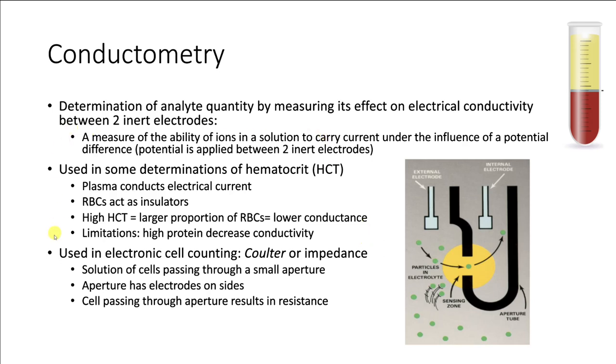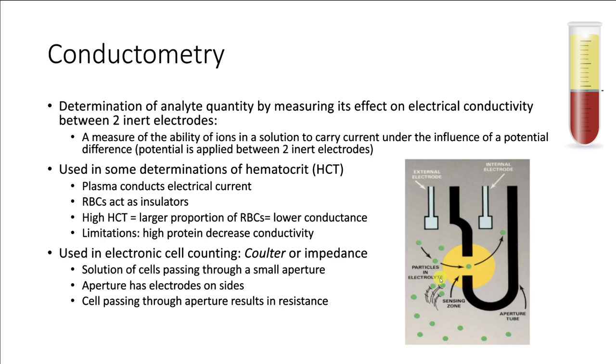So more likely than not, you're going to see it used for electronic cell counting, or Coulter or impedance. Basically, we get a solution of cells that pass through this really small aperture here. On each side of the aperture, we have electrodes. Each time a cell passes through that aperture, it causes a change in resistance.